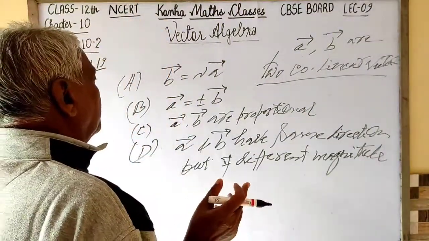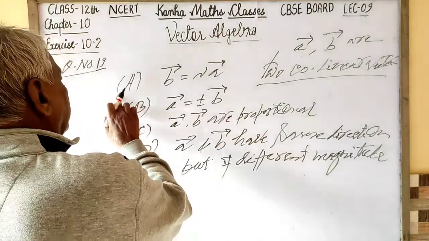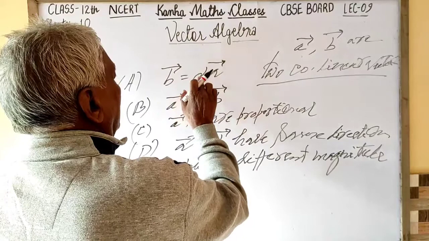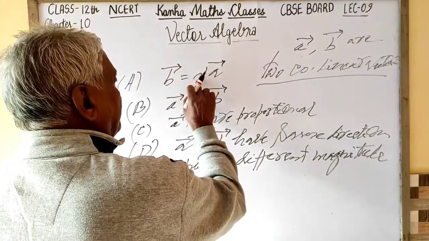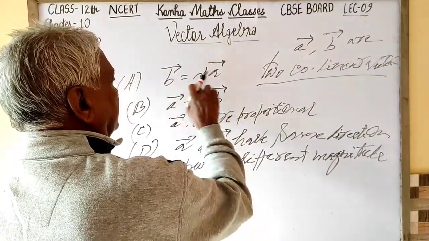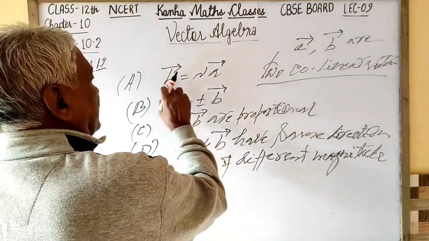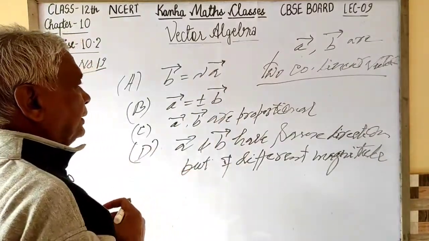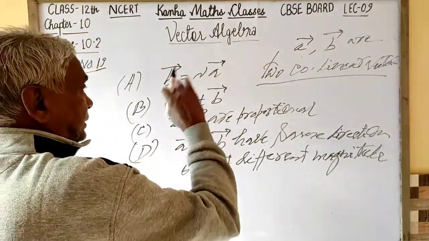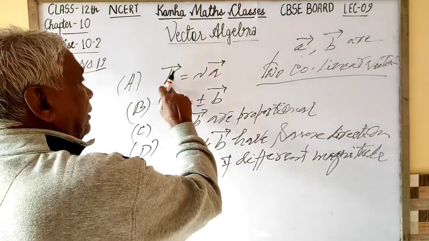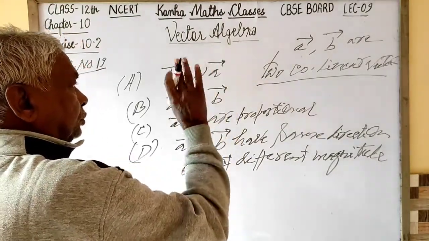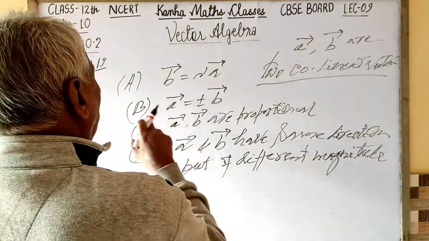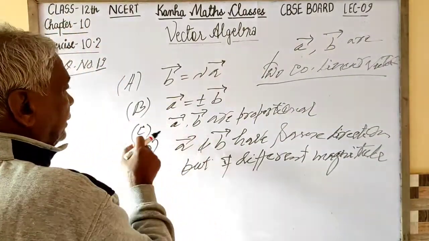If you inspect option A, here vector B is equal to a scalar quantity lambda into vector A. This is correct because vectors B and A are parallel, and the multiplication by lambda differentiates vector B from vector A in magnitude. Hence this is correct. And what about option B?